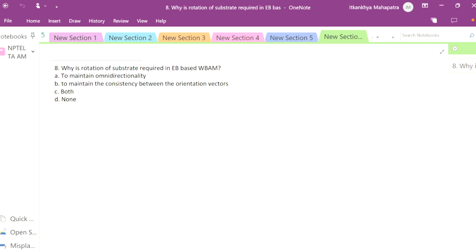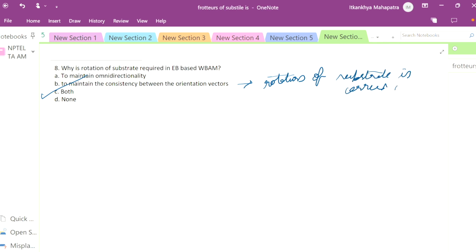So the correct option is C, to maintain omnidirectionality and consistency between the orientation of the vectors, that is why rotation of substrate is carried out. Omnidirectionality is dynamic adjustment of the substrate.